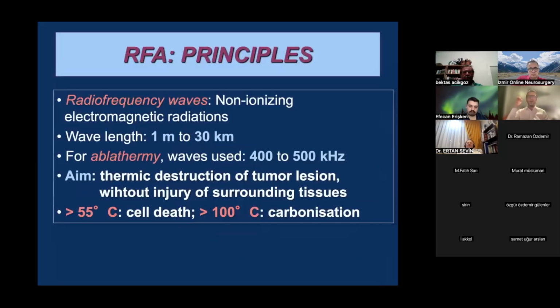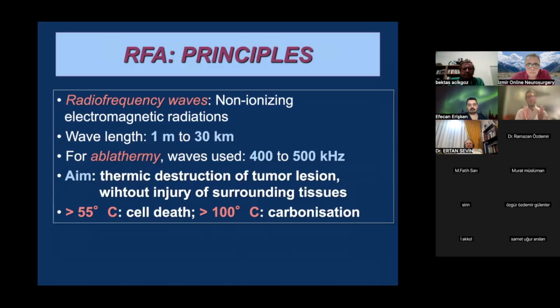So RF ablation uses radiofrequency waves, which are non-ionizing electromagnetic radiation. The frequency of these waves ranges from 400 to 500 kilohertz, and the aim is to increase the temperature, producing thermal destruction of the tumor lesion without causing injury to the surrounding tissue, especially the spinal cord.